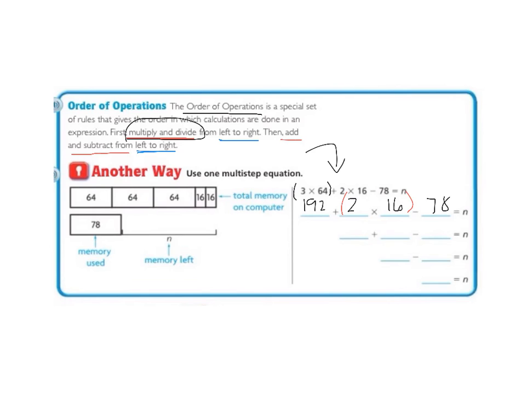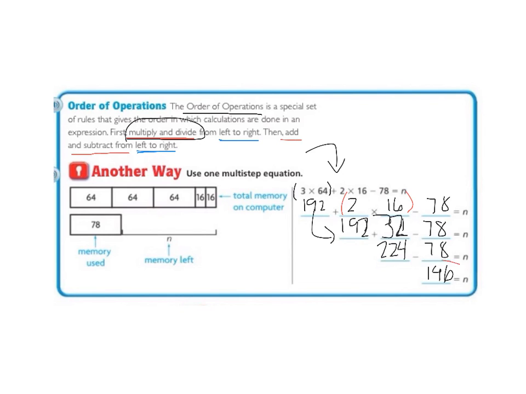We said 2 times 16 is 32, so I have 192 from here, plus 32. And then I'm going to do my subtracting. 192 plus 32 was 224 minus 78 gave me 146.